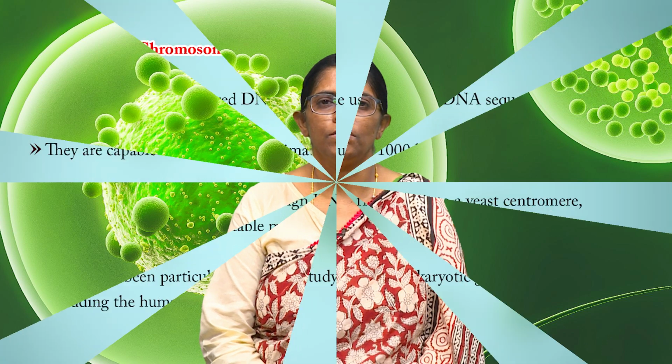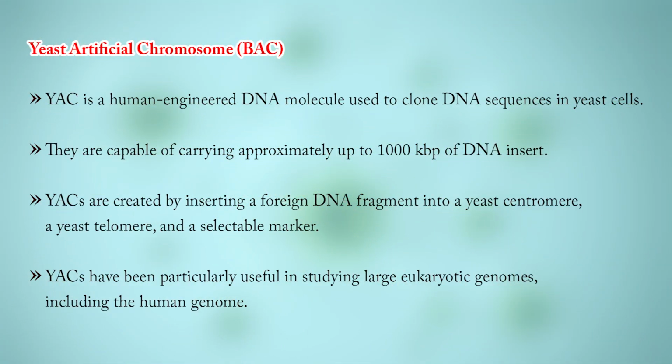The next type of artificial chromosome we are going to understand is the yeast artificial chromosome. We can say it is a human engineered DNA molecule, and it is used to clone DNA sequences in yeast cells. It has been engineered to increase the size of uptake of the DNA insert.